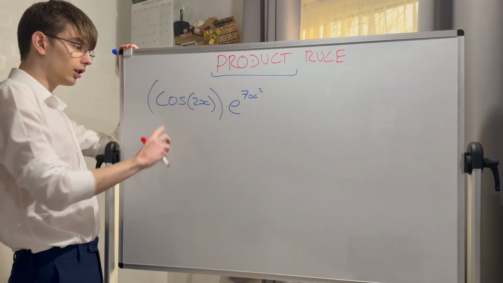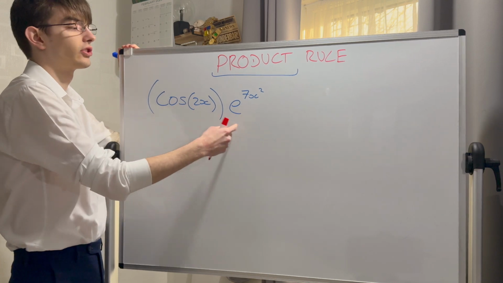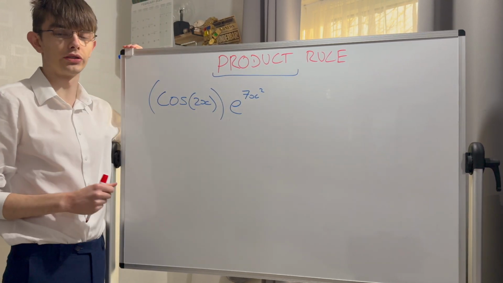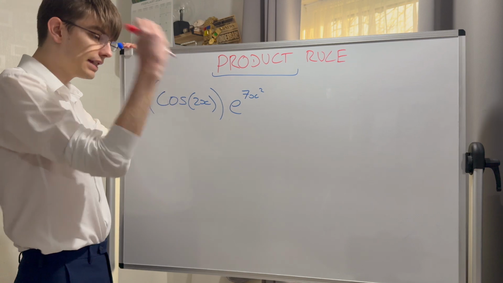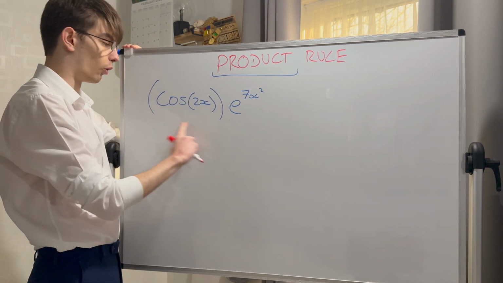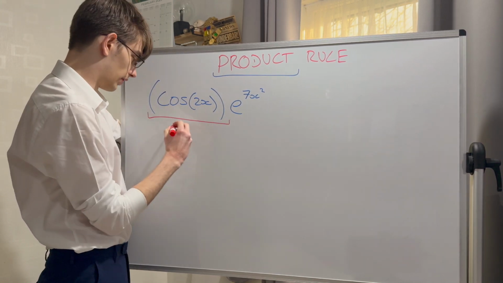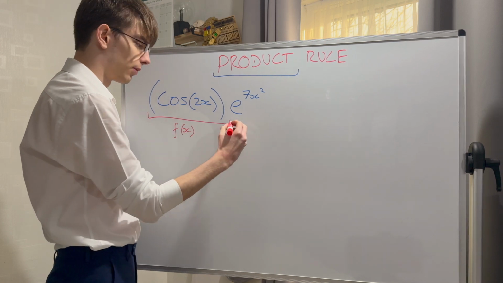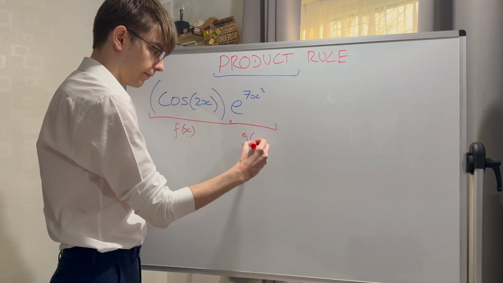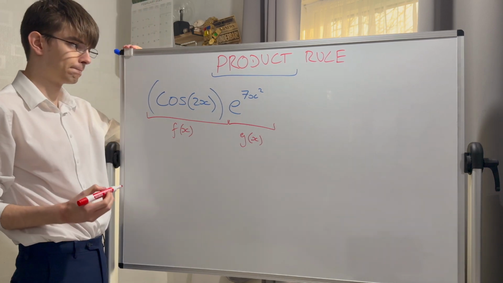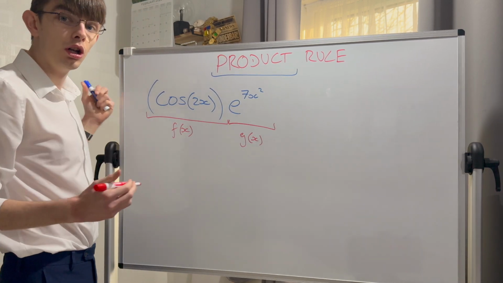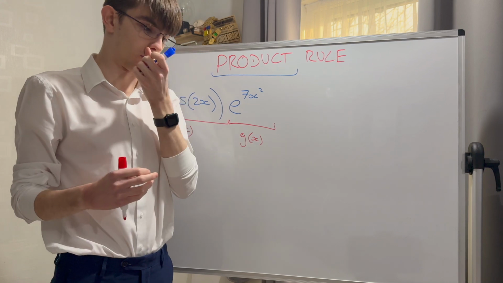Quite complicated looking. I've got two functions, cos of 2x times e to the 7x squared. So immediately I need to identify I've got one function, let's call this f of x, multiplied by another function, let's call that g of x. Now I want to start applying my product rule.